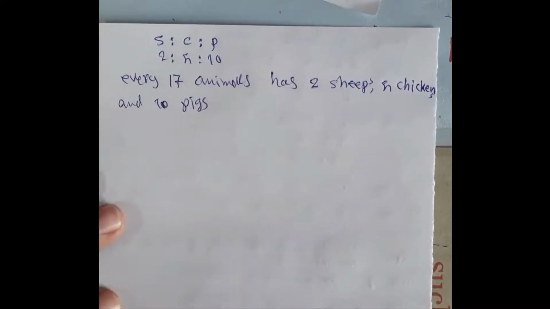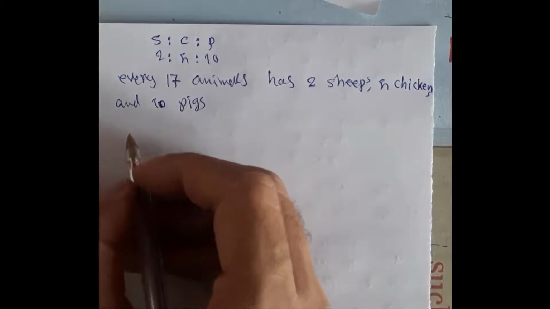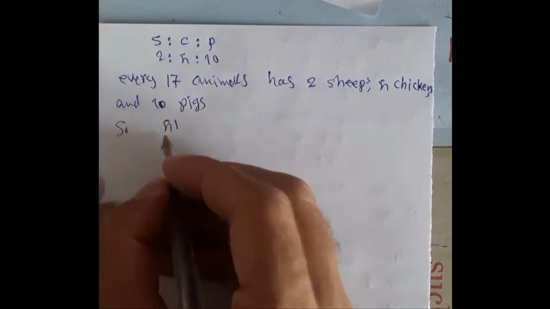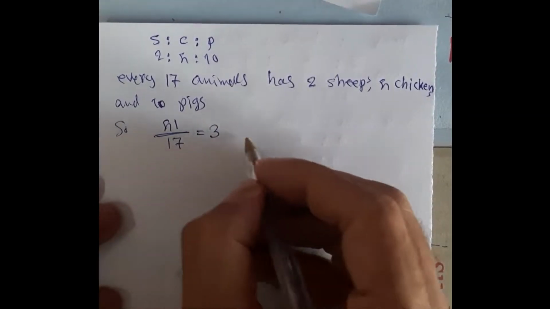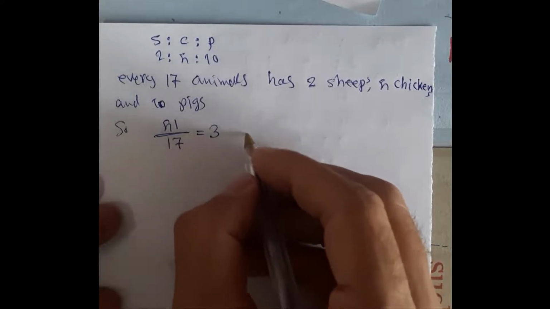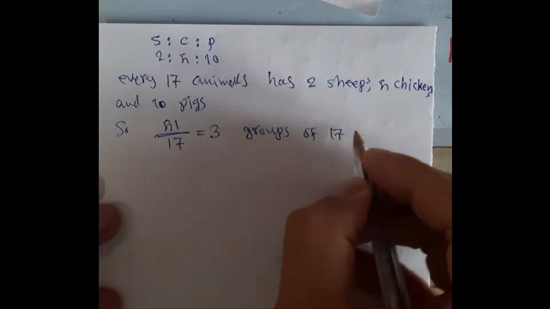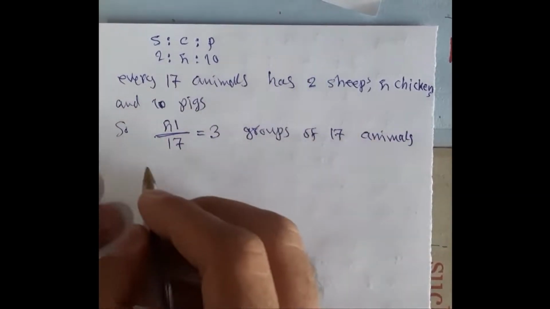Now we want to find the number of chickens. How many animals do we have? 51. Divided by 17, it is equal to 3. 3 groups of 17 animals.